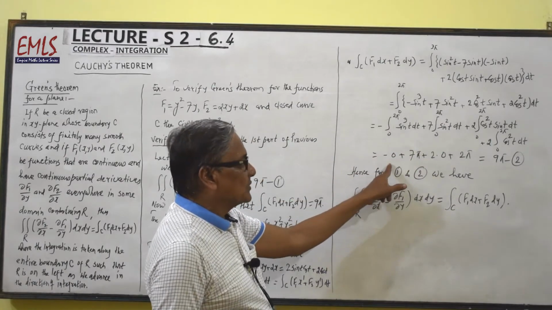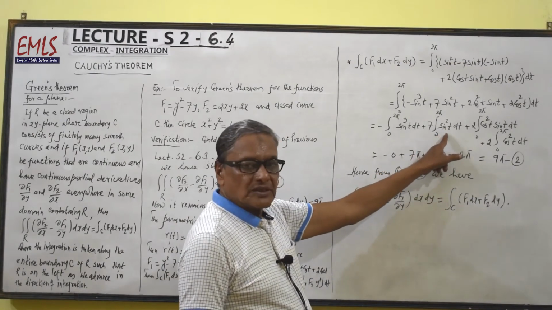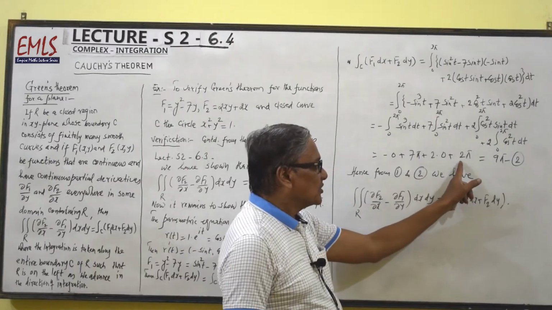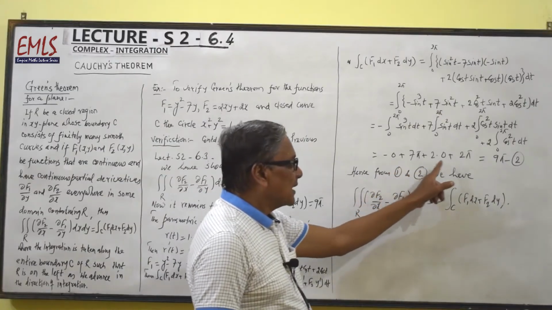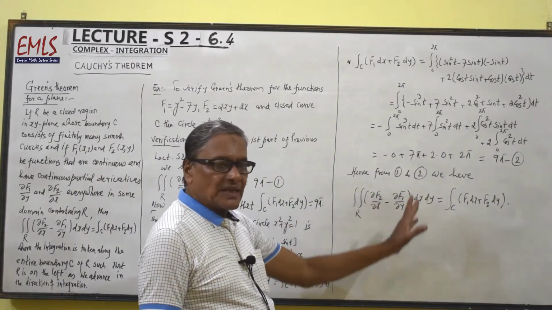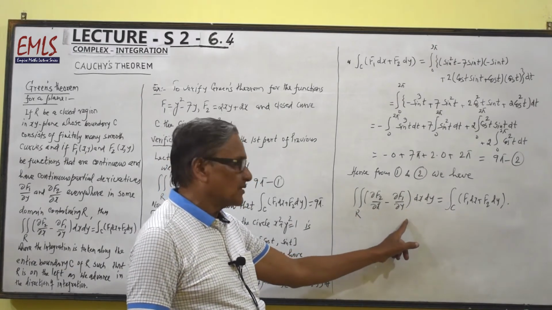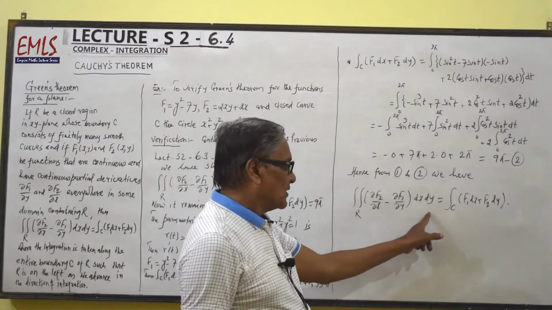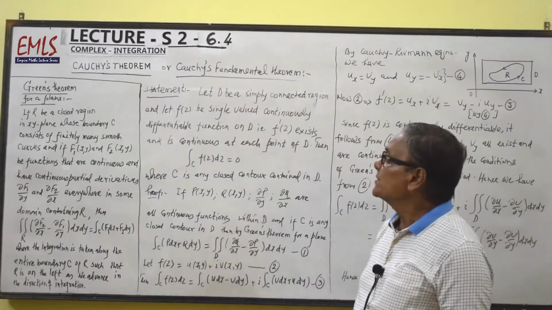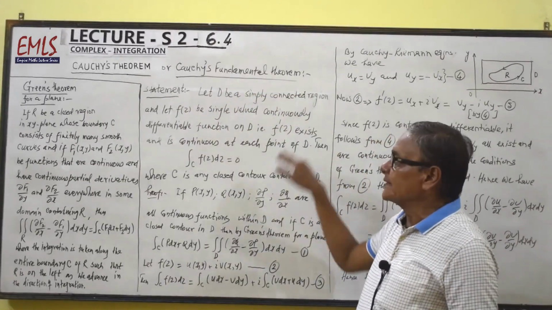The first value will be 0, the third will also be 0. This value will be pi, so it is 7 pi, and this value will be pi, so it will be 2 pi. So finally we get 7 pi plus 2 pi, that is equal to 9 pi. So hence from 1 and 2 we have the surface integral over R of (del f2 del x minus del f1 del y) dx dy equal to the integral over C of f1 dx plus f2 dy. The purpose is to establish Cauchy's theorem, also called Cauchy's fundamental theorem.